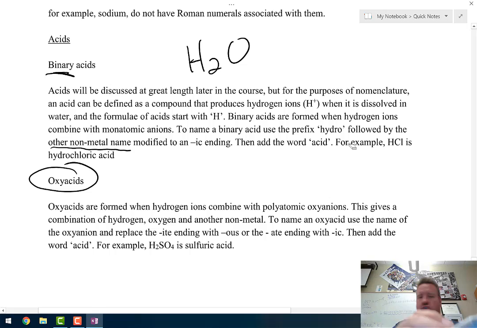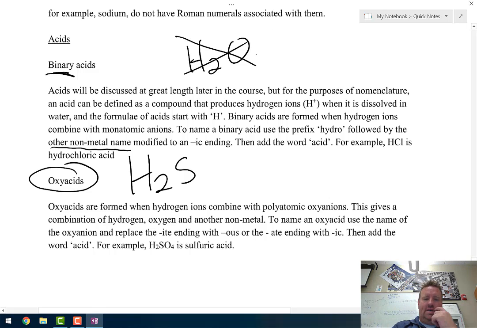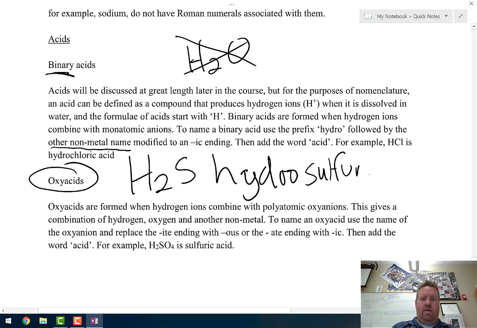Okay, now let's change it here just a little bit. Let's change it to H2S, and we'll talk about that too here in just a minute. It's kind of similar to water, except water, again, is not an acid. With H2S, same thing, we've got hydrosulfuric acid. So, same thing as before.